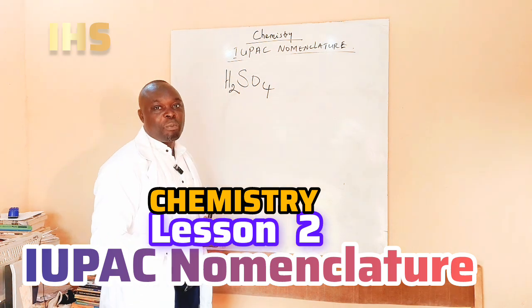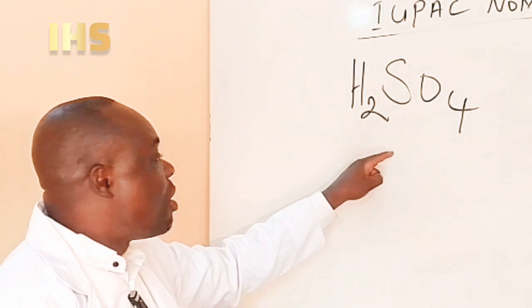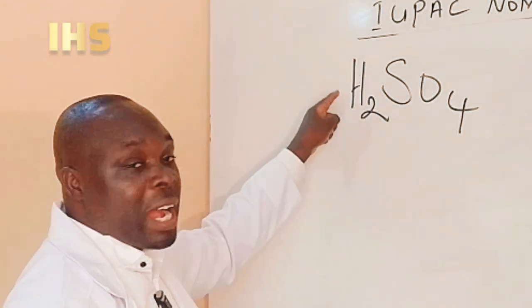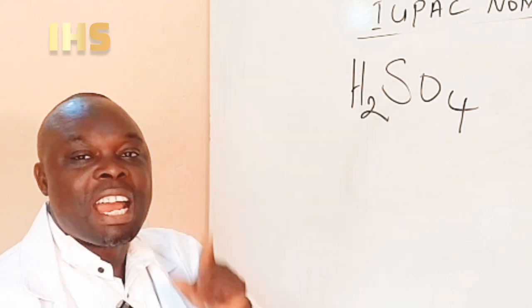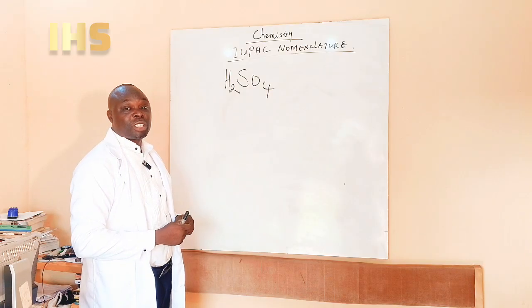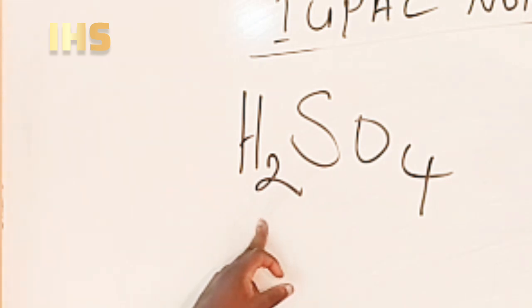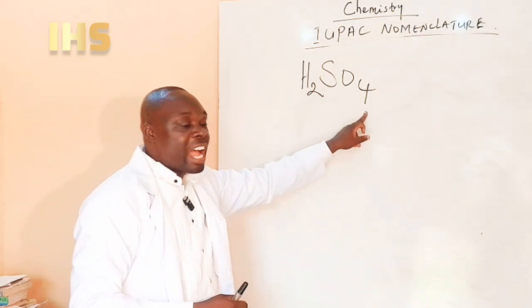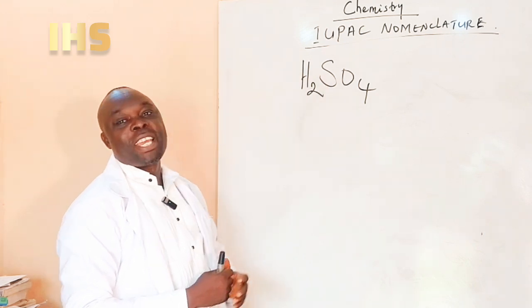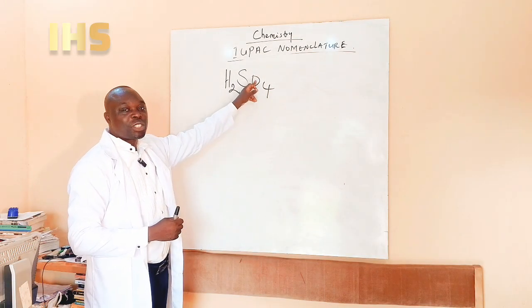Now, this is the law. You have to name this first one, and then you follow that second idea I gave you in the nomenclature. This one is hydrogen. So if I should name this, you say hydrogen tetra oxo sulfate.